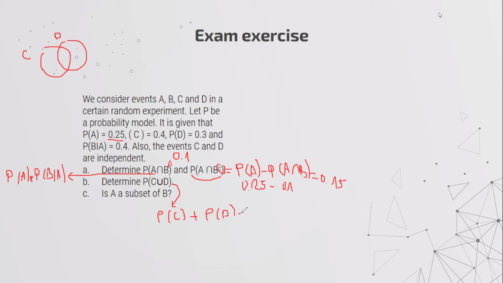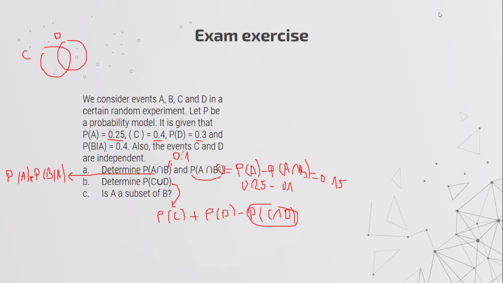There's nothing weird here. We know from the exercise the probability of C and the probability of D, but we are missing that part here. What can we do?